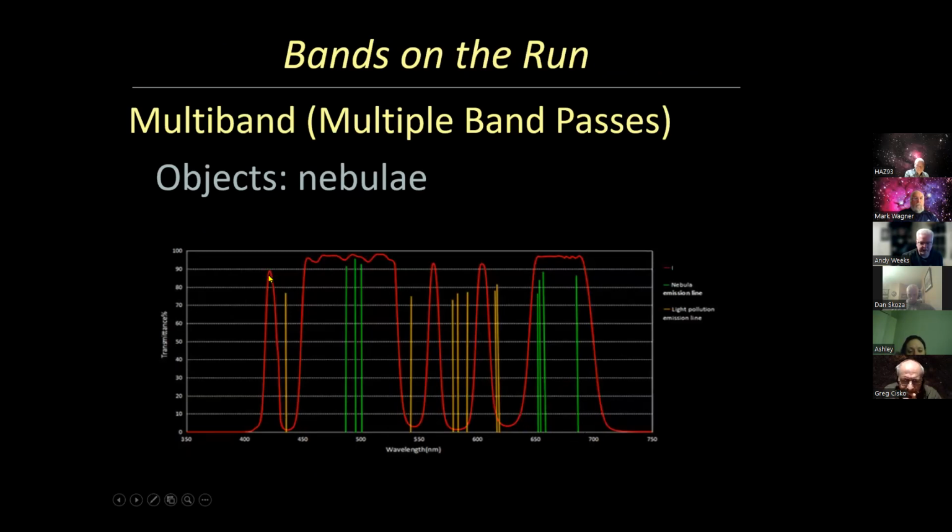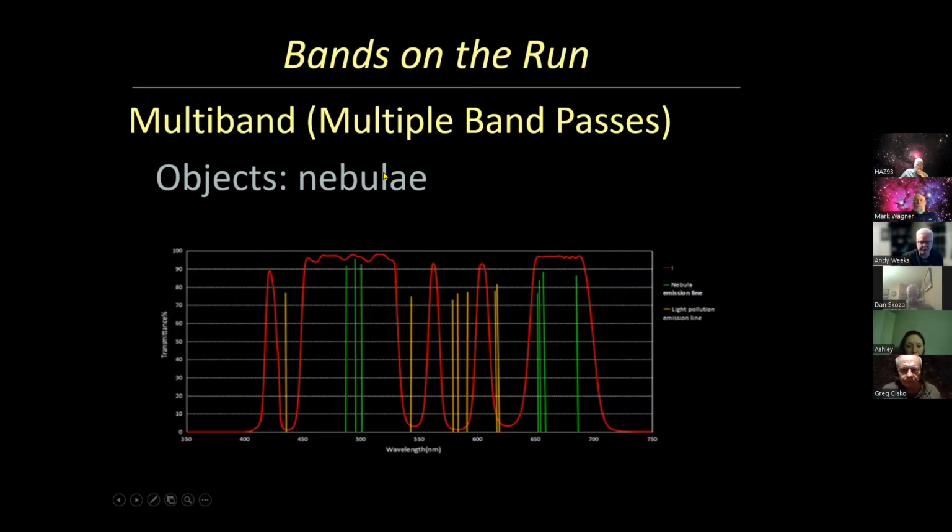And I think over here is H beta. But what you see in the orange lines are the light pollution spectrums. All the multiband pass filters are trying to eliminate as much of that as they can. So you'll see basically this kind of wavelength pattern for any multiband pass filter.